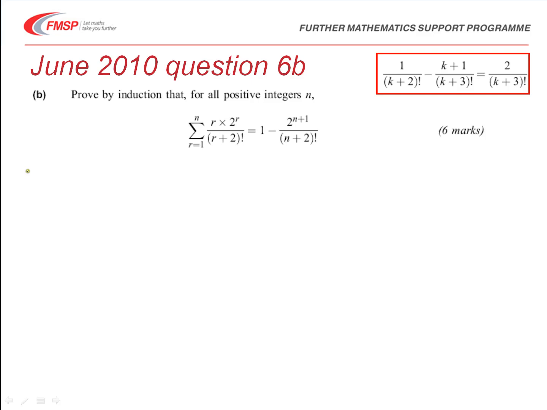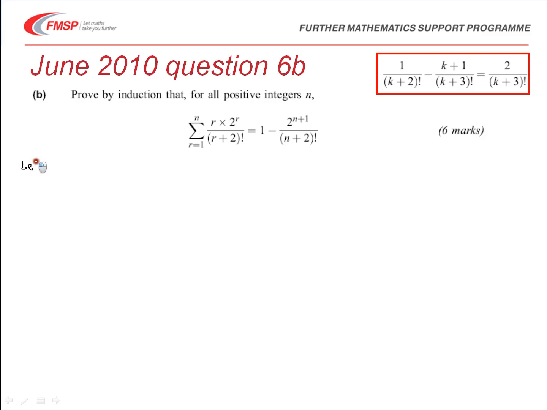And then the second part is where you let n equals some value k, which we assume to be true, and then from that show that the value of k plus 1 must also then be true. And then by induction you have the necessary reasoning to show the whole thing is in fact a correct statement. In this case, for all positive integers n, so the first positive integer is 1.